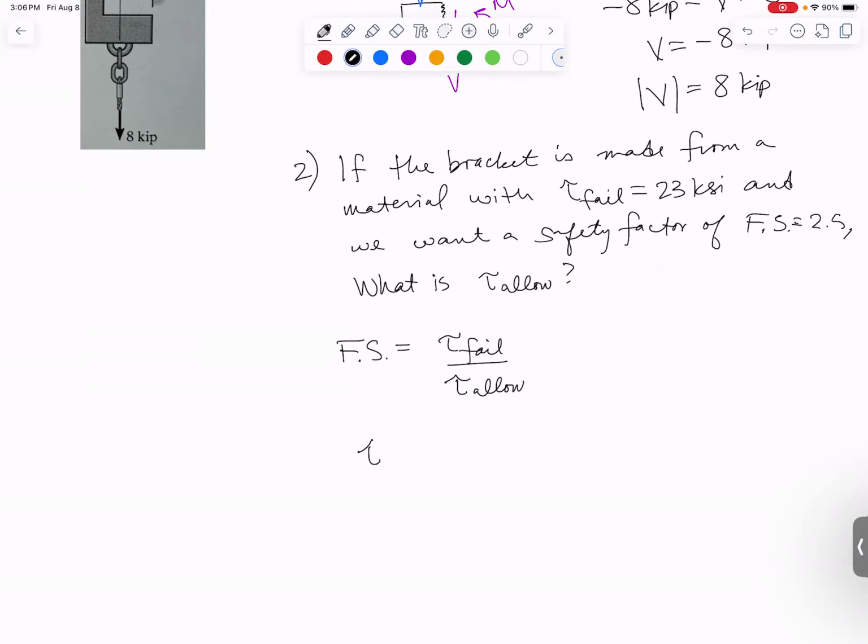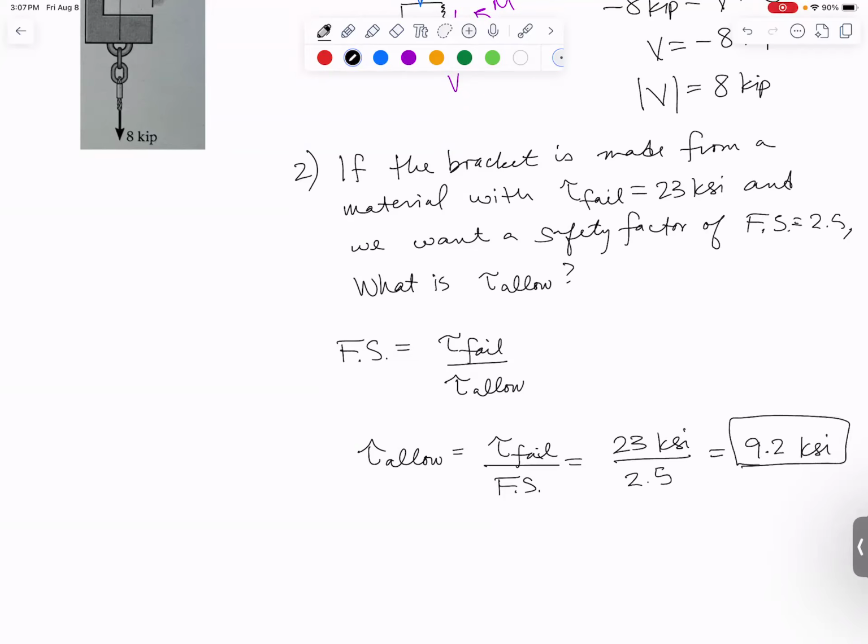We're solving for tau allow. Well, that's going to be tau fail divided by the factor of safety. So that's going to be 23 ksi divided by 2.5. We get 9.2 ksi, and it should be smaller than tau fail. You would never want your allowable stress that you're going to allow every day on your part to be bigger than the failure stress.